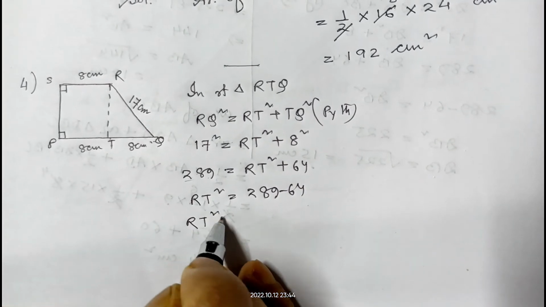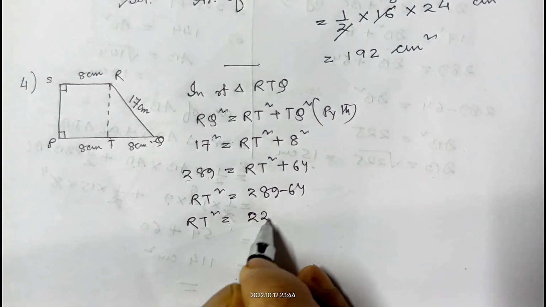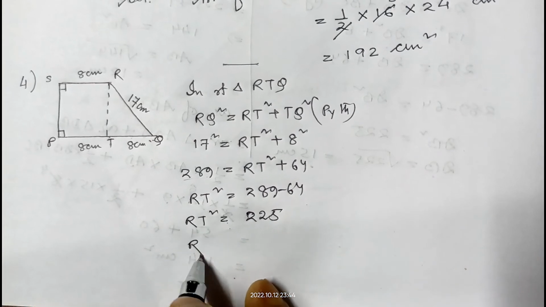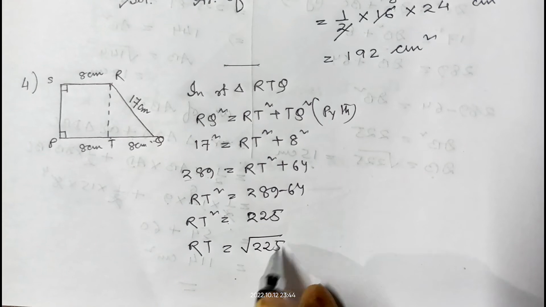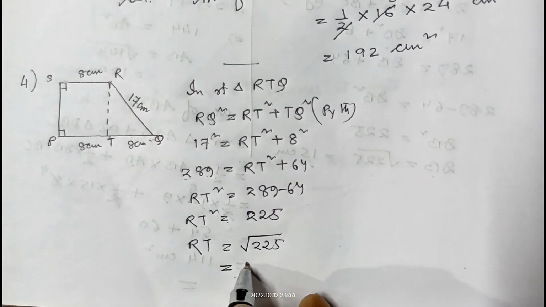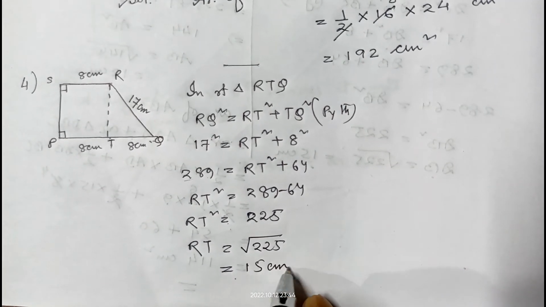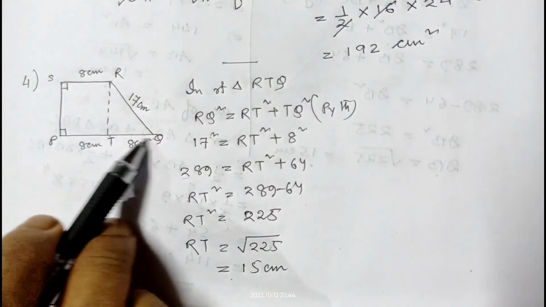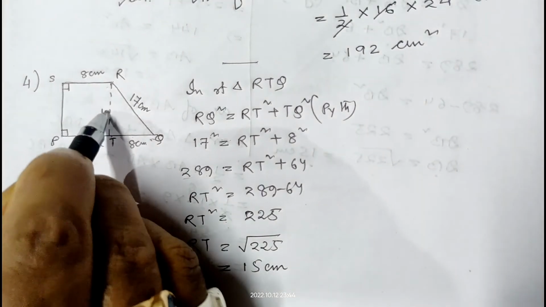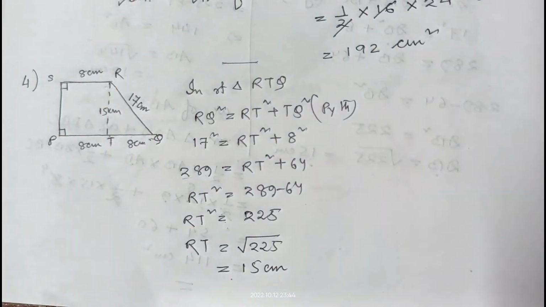So RT square will be 225. So RT equals root over 225, which will give 15, because 15 square is 225. We can write it is 15 centimeters. So we got perpendicular distance between the parallel sides is 15 centimeter. Here you can write 15 centimeter.